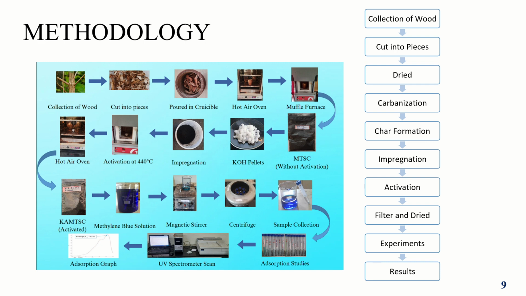Methylene blue dye solution is prepared, and activated carbon is mixed with the methylene blue solution and placed on a magnetic stirrer, then placed in a centrifuge for separation of the activated carbon, and the sample is collected. Then the collected sample will be tested in a UV spectrometer scan and the results plotted.